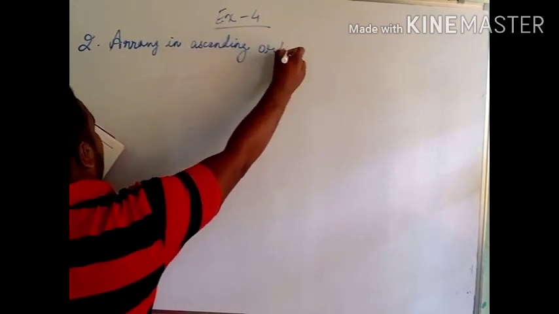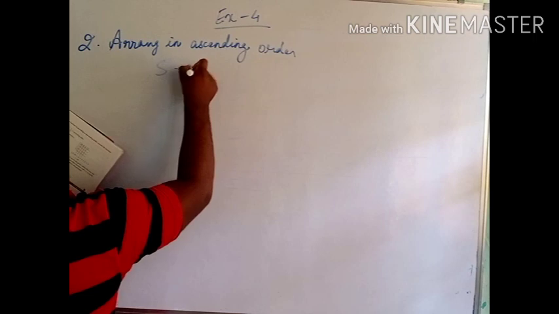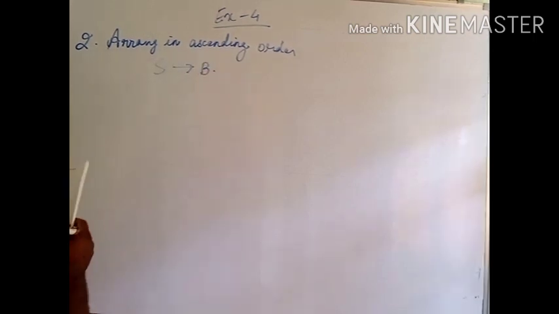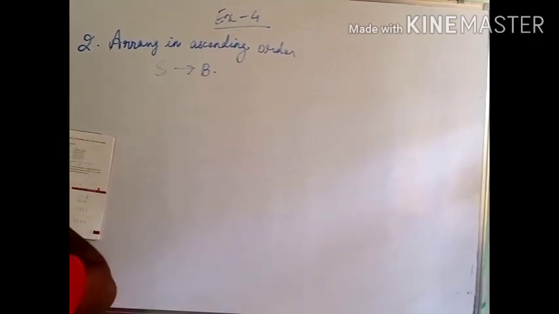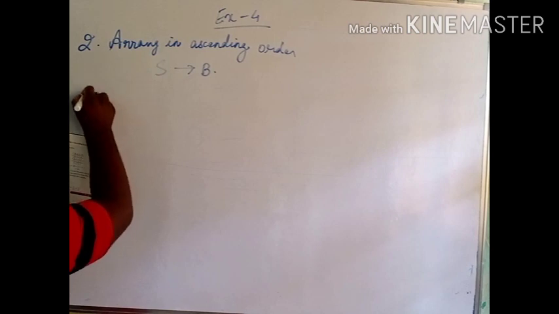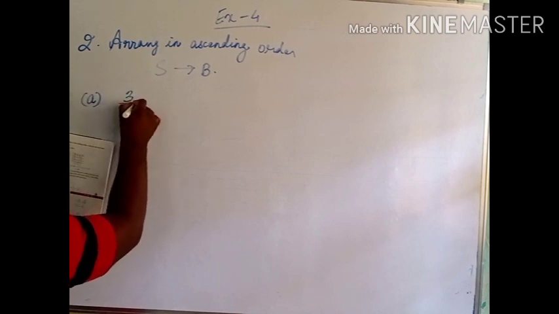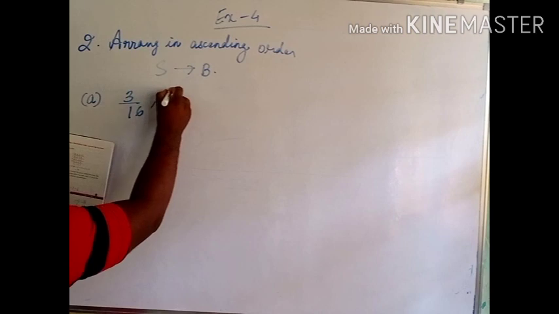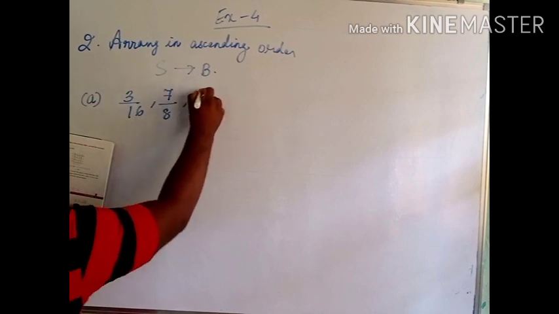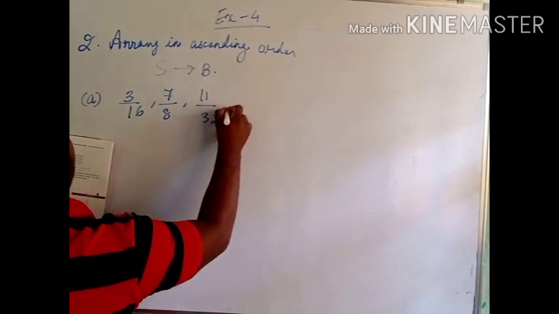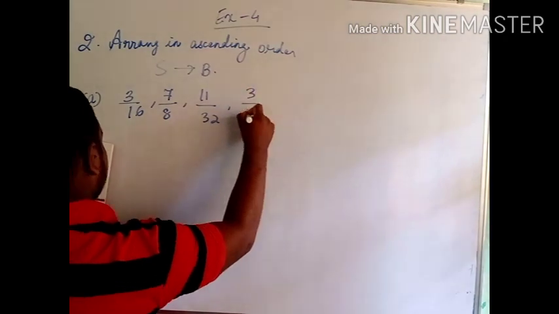That is small to big. Small to big we have to make it. So look, one question. A number. 3 by 16, 7 by 8, 11 by 32, and 3 by 4.